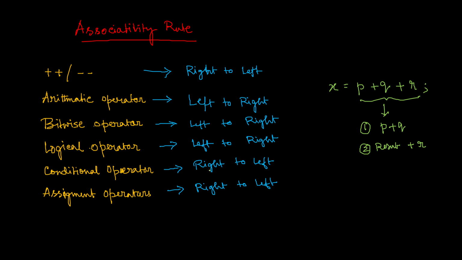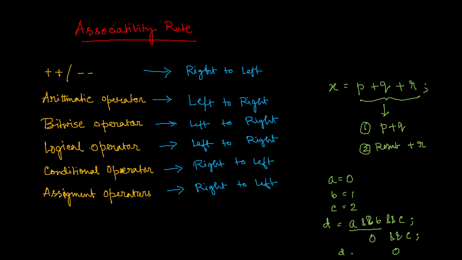For example, say we have a equal to 0, b equal to 1, c equal to 2, and I write d equal to a and b and c. So this will be ANDed first: a and b means 0, then and c means ultimately the result is 0.